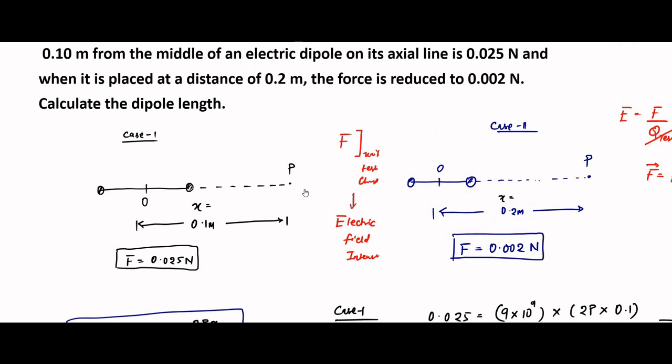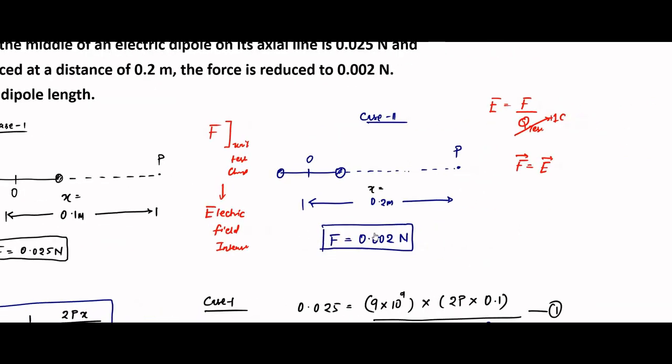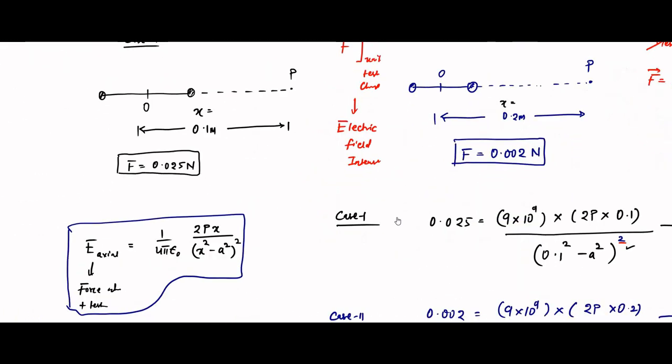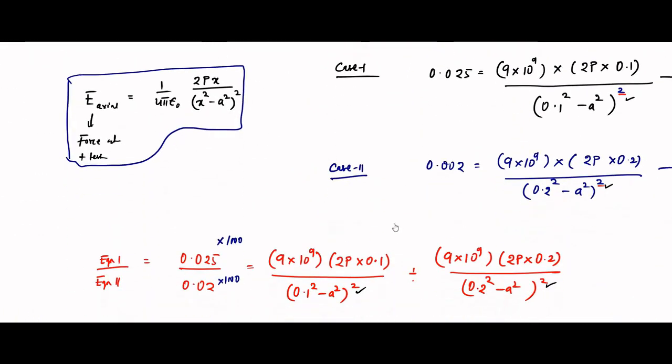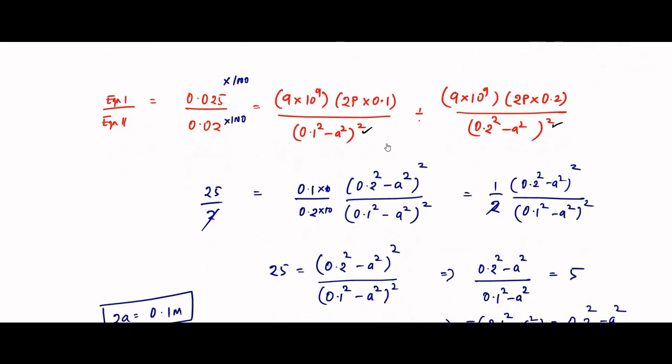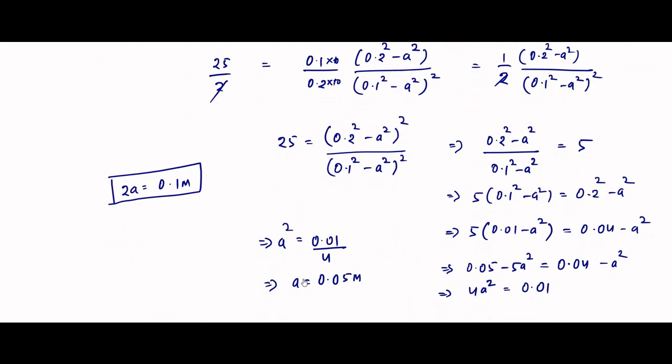The position of the two points changed in these two cases, which led to a difference in the electric field intensity or the force acting on the unit test charge. In this way we got the value of a first, and then from that we calculated the dipole length, which was asked.